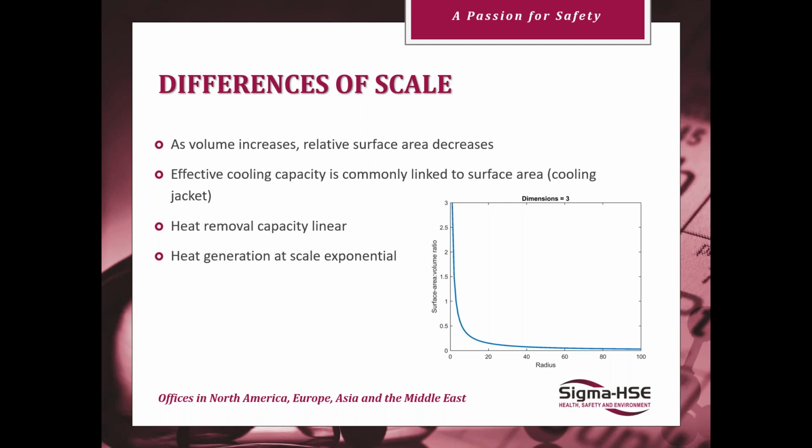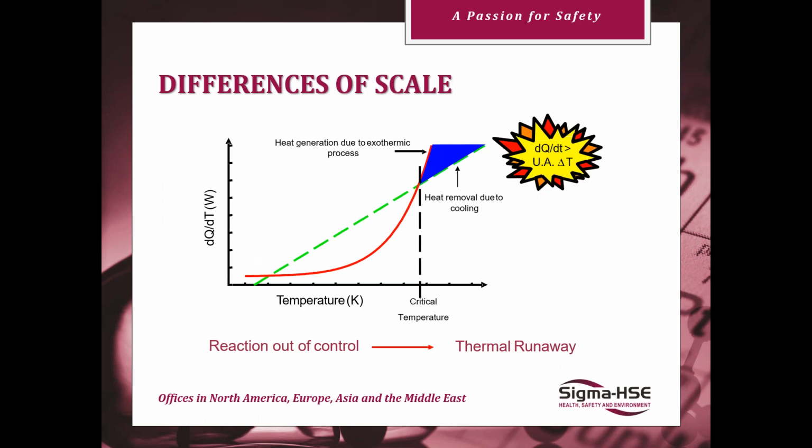So at the same time as this effect of differences of scale, the heat removal capacity is typically linear, whereas the heat generation at scale is typically exponential. And we'll talk about that in the next slide.